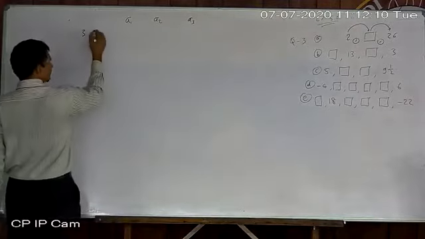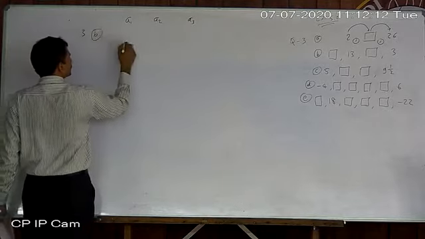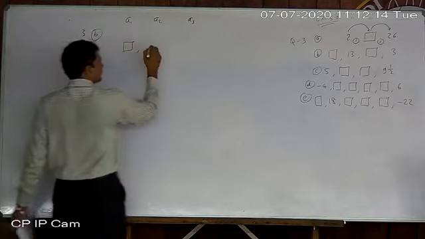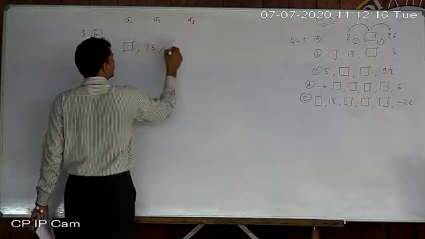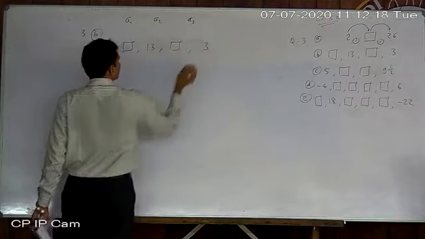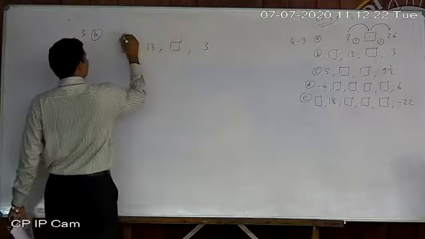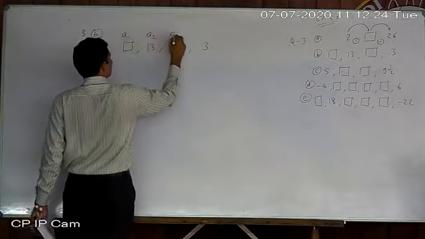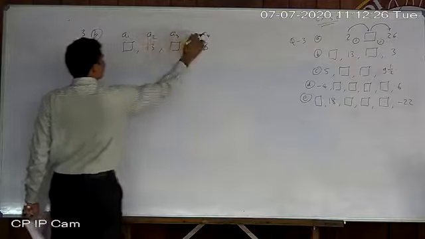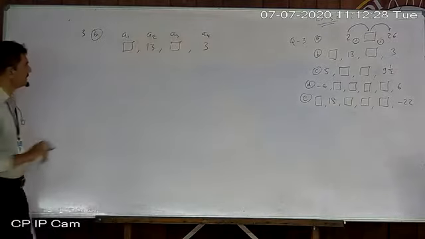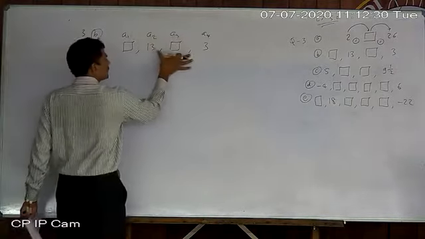Now second, (b). Box means unknown, then 13, then again box, and then 3. Suppose I give symbols a1, a2, a3, a4. That is not required, not compulsory. Now look here, these two numbers are there.